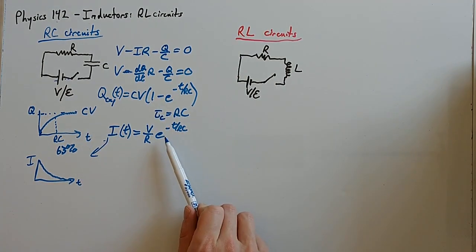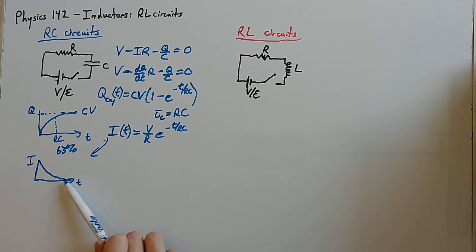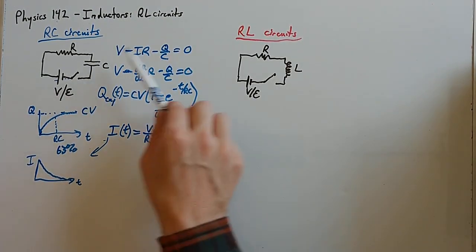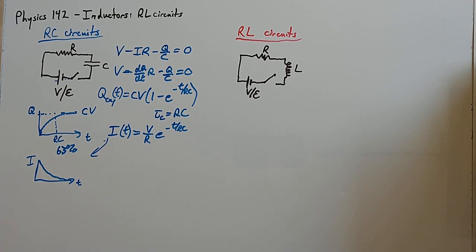After a long time, they act like infinite resistors, and no current flows through them. And this was the math that got us there. So that's RC circuits, kind of old news, and fun stuff that will show up on the exam.